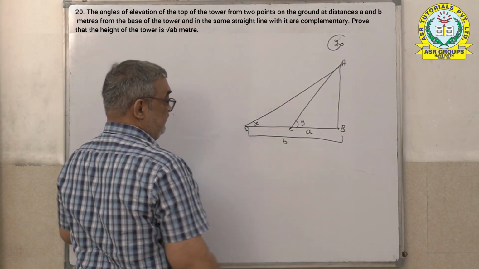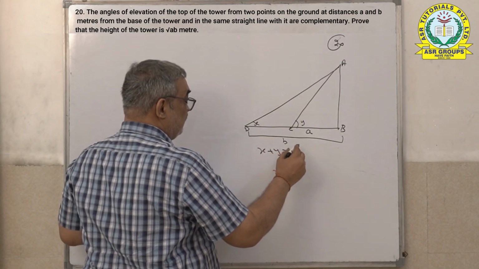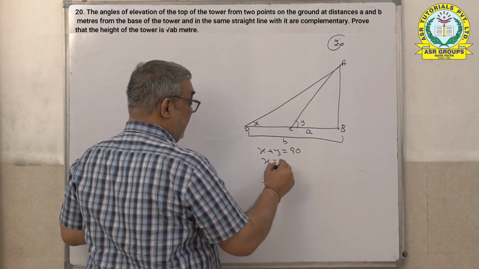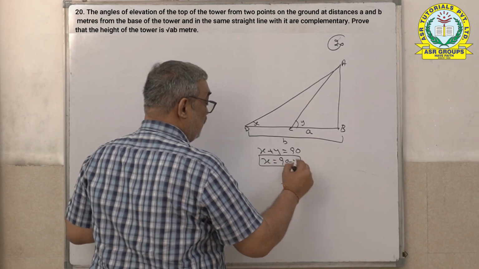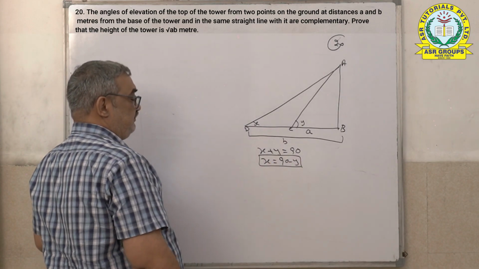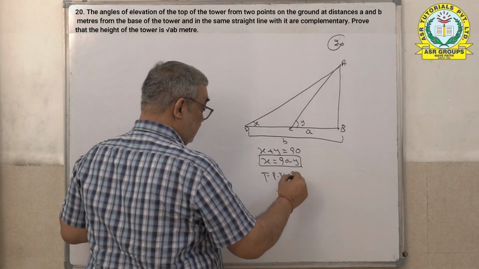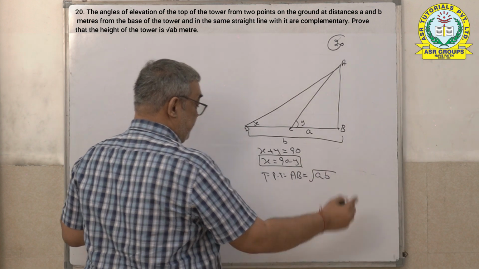This is b. They have given that X plus Y is complementary, X equal to 90 minus Y. I have to prove AB equal to under root small a b.